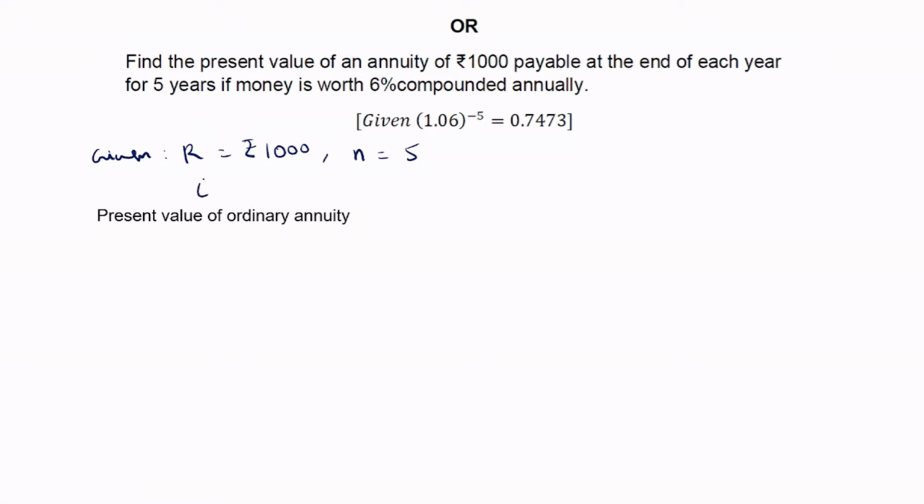So here compounding is also done annually. So I is 6%, which is 0.06. So this is nothing but present value of ordinary annuity. The present value of ordinary annuity is given by R into (1 minus (1 plus I) the whole raised to minus n) upon I. So this is very easy.